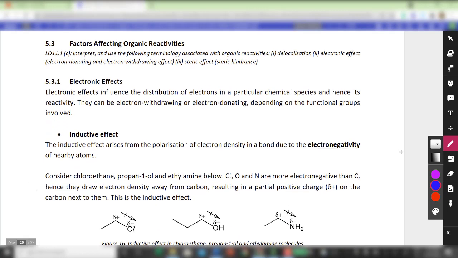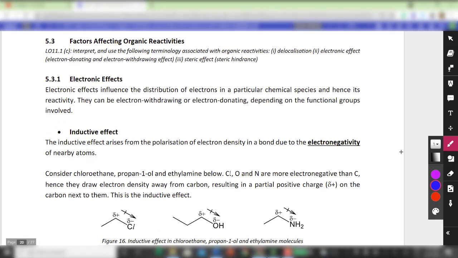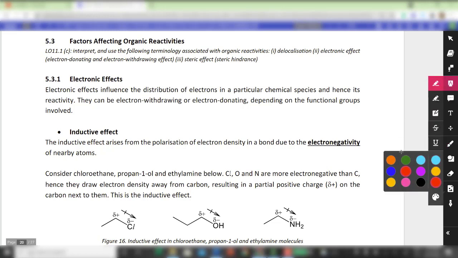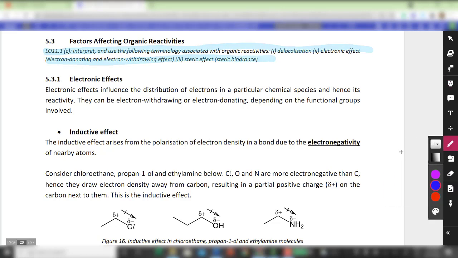5.3 is the most important objective, which I highlighted to you earlier on, which is 11.1c. I cannot overemphasize it, because a lot of your seniors also have issues with this even now. But as I said in the earlier part of the lesson, whether you talk about delocalization or electronic effect or steric effect, you will be better at discussing them when you are in year 2 after learning more organic chem topics.